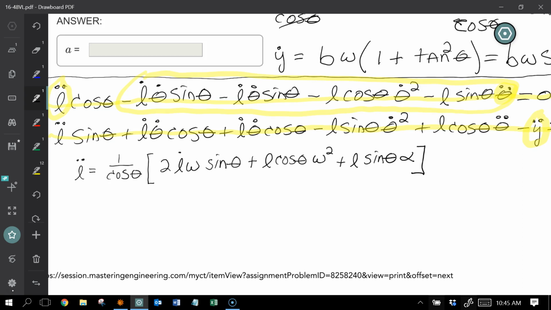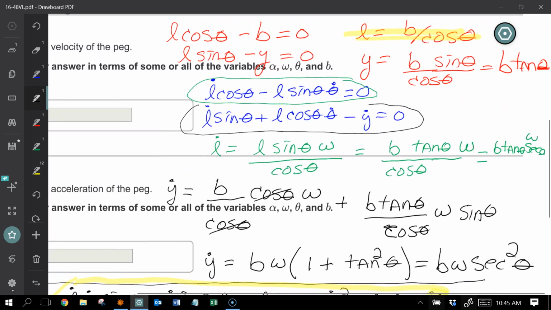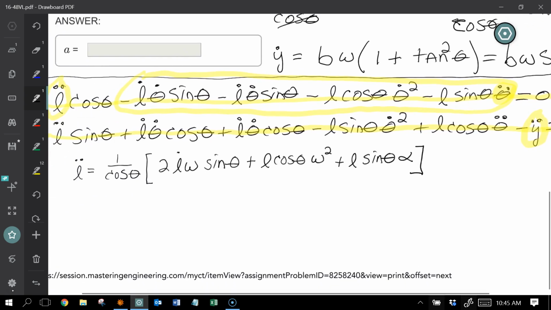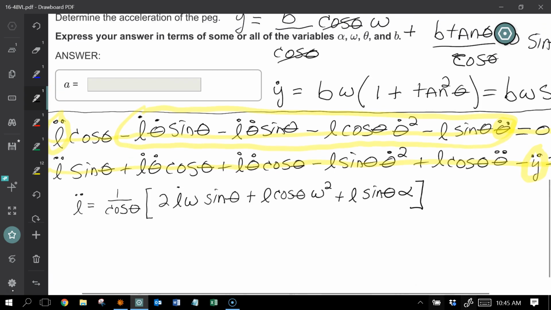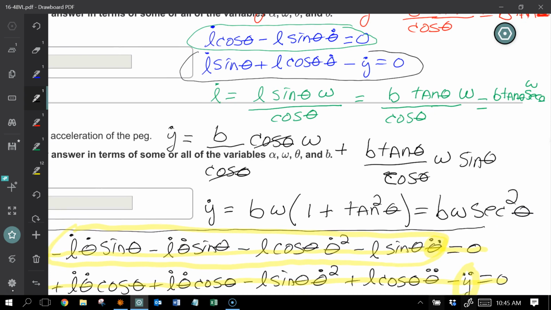And then for the L, you know what L is. You solve for it out of the loop equation. L equals B over the cosine of theta. So everywhere you have an L, you put in B over cosine. And then you also need the L dot. You solve for it right here, in green, so it's this term right here.